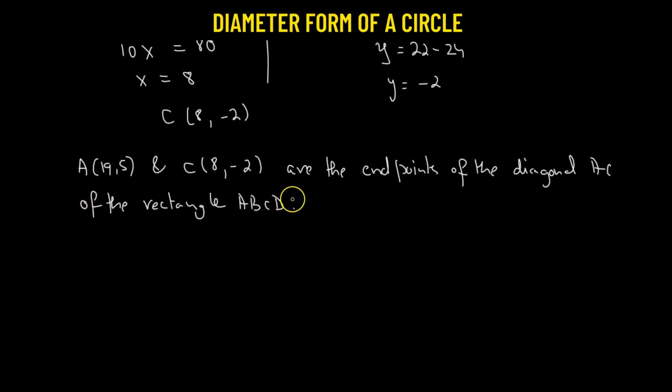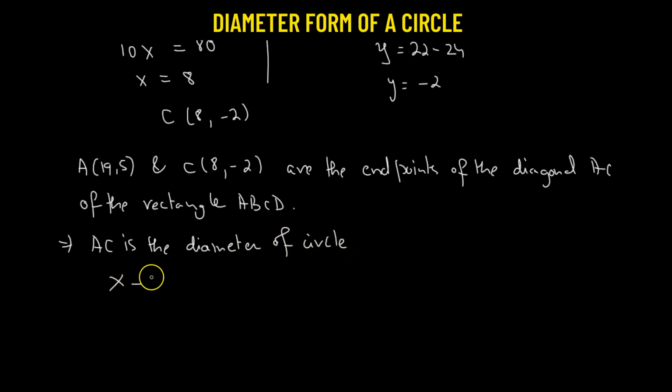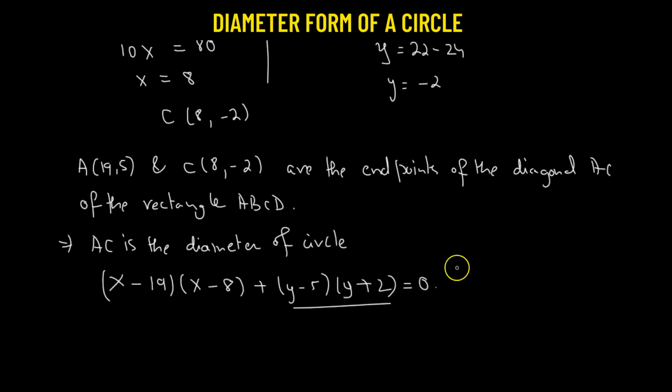Now we know that the diagonal of a rectangle inscribed within a circle passes through the center, meaning AC is the diameter of the circle. So we have the diameter of the circle whose endpoints are known. That means the equation of the circle will be (x minus x1)(x minus x2) plus (y minus y1)(y minus y2) equals 0. This is the required equation of the circle.